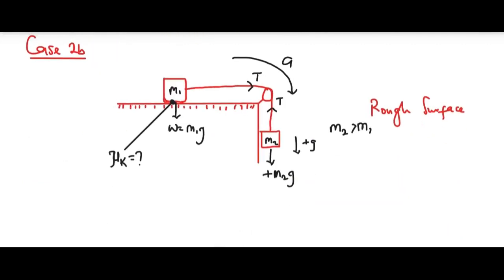So what we have here, since the weight is lying here and the body is moving in this direction, what will happen to friction? Friction would be here, and your frictional force is equal to mu R. Note that for this kind of body, your R exists here. Your R is still equal to M1G.